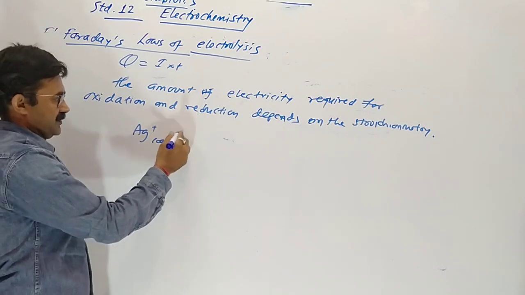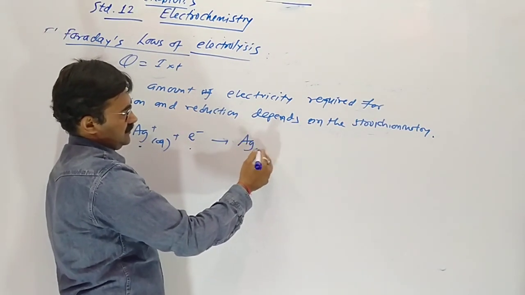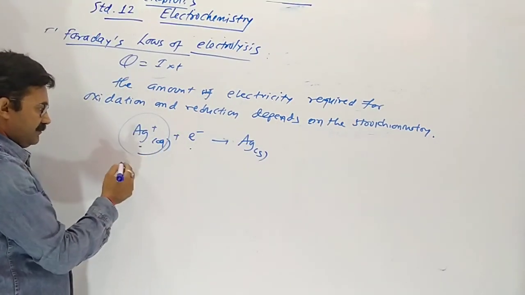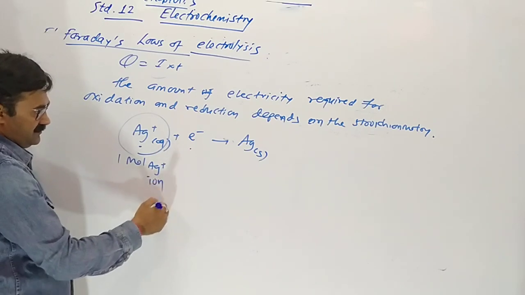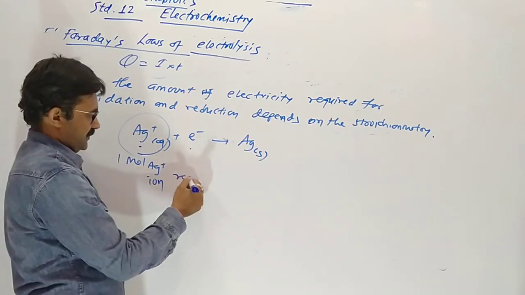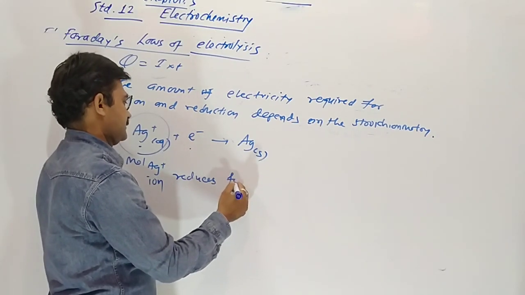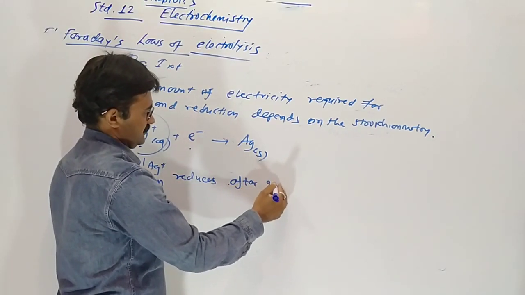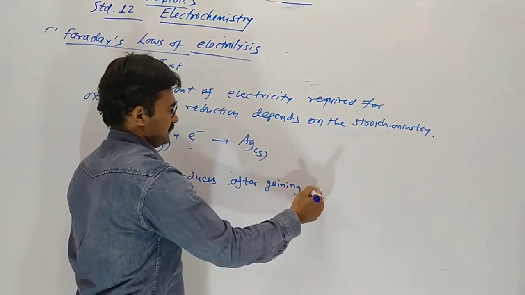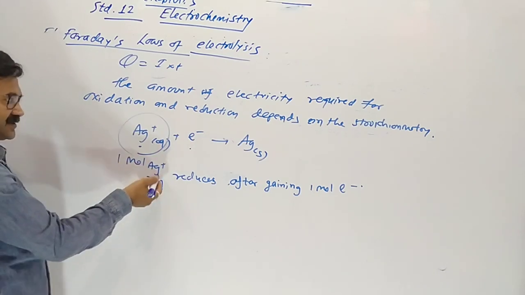I am giving the example. Suppose Ag+ gains 1 electron, so gives 1 Ag. Here, 1 mole Ag+ ion reduces after gaining 1 mole electron. This is stoichiometry.